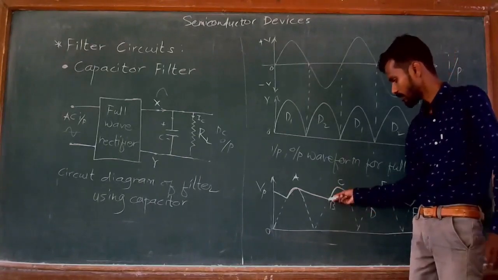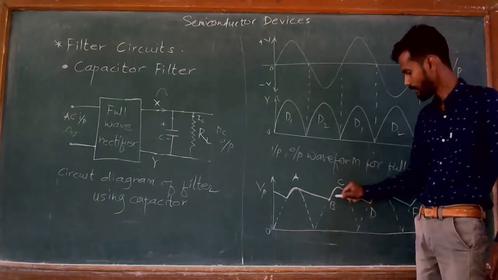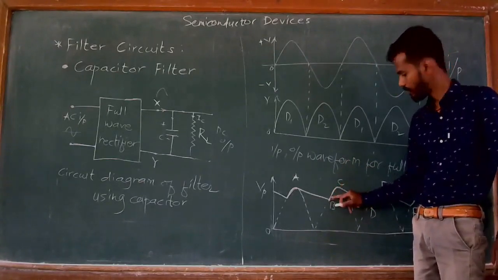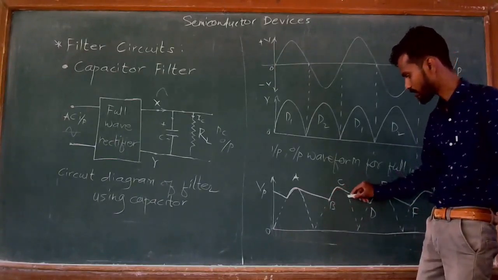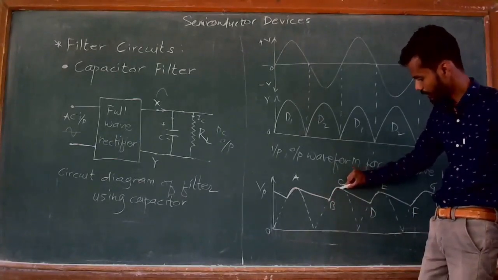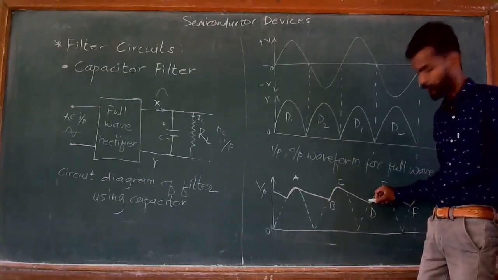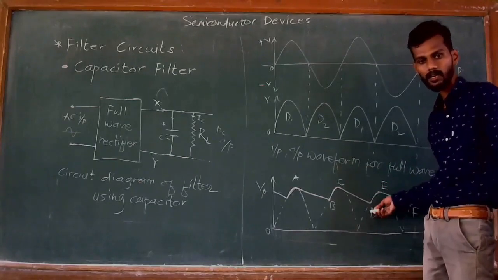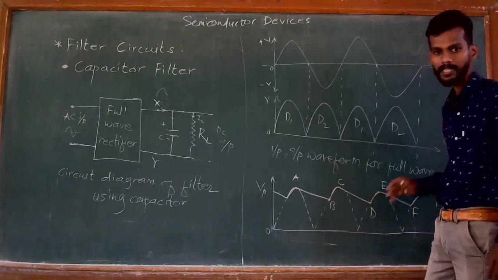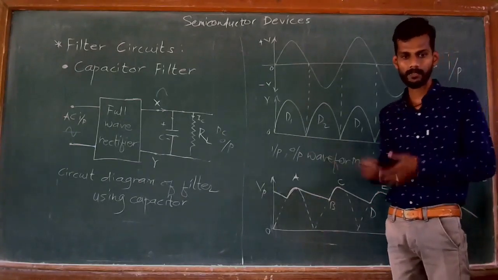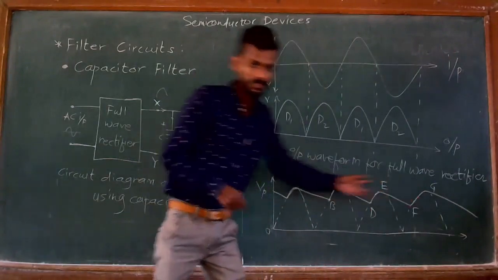The voltage across RL goes on increasing up to point C. Again, when the voltage decreases, the capacitor discharges up to point D, when suddenly a third cycle charges the capacitor up to point E, and the process goes on repeating, so we will get an output of the filter like this.